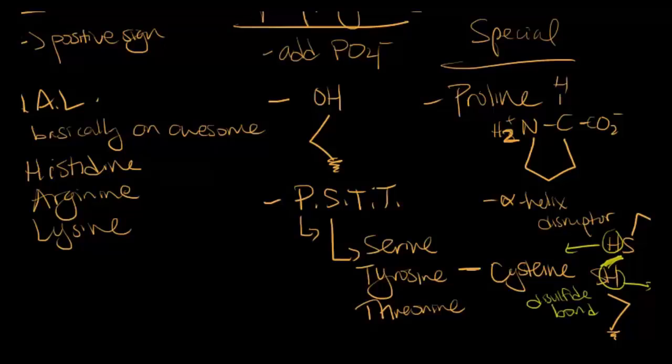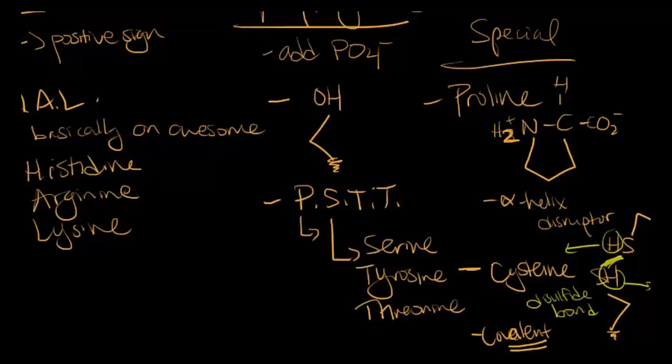This is important because the disulfide bond is the only covalent bond that an amino acid can form with another one. It's the only R group that can form a covalent bond with another. And covalent bonds are strong bonds. So we want you to remember those as well.